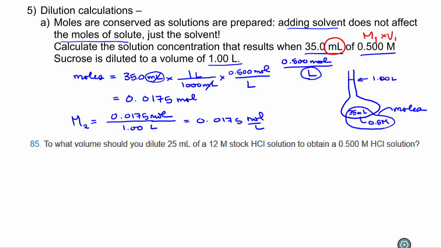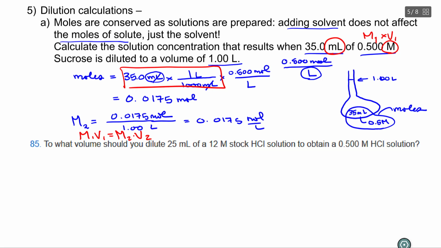And remember, the units that you have to match are the units that are hidden inside molarity. So you'll have to do this kind of stuff before you can use this equation. Okay? So I took molarity 1 times volume 1, and it turns out that's equal to molarity 2 times volume 2.